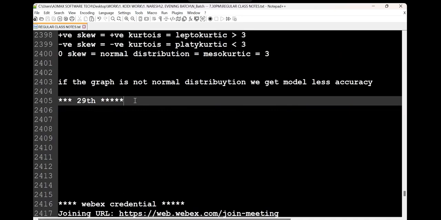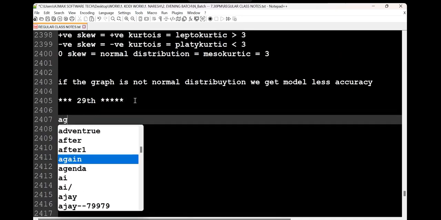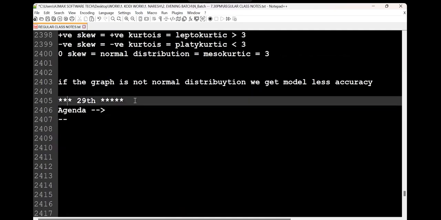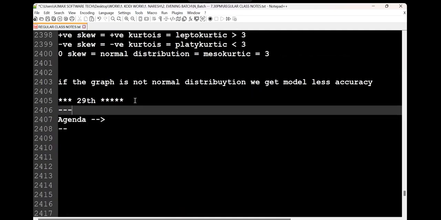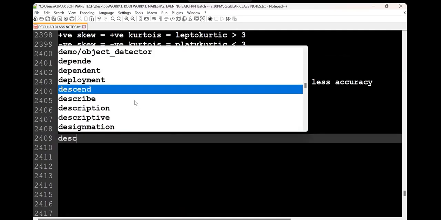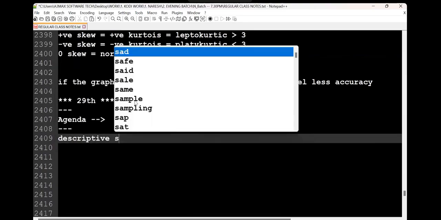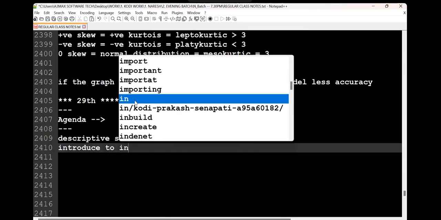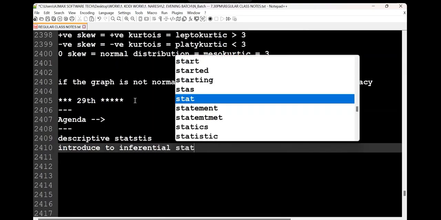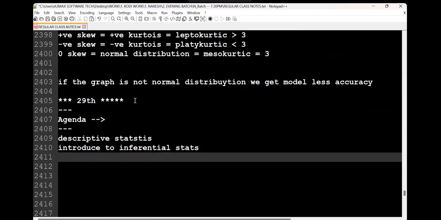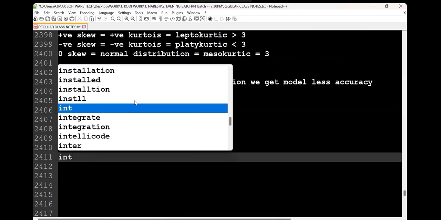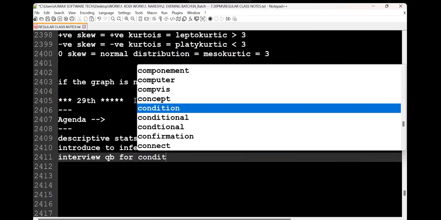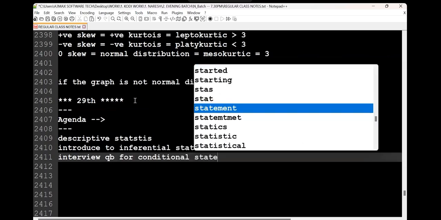Let's start today's session. The agenda for today: first, I will complete descriptive statistics and the introduction to inferential stats. Then I will give you an interview question bank for conditional statements, along with some patterns.